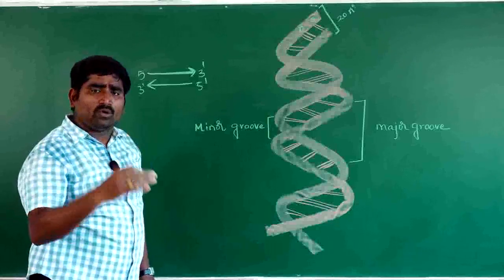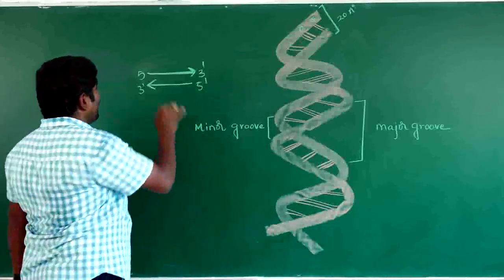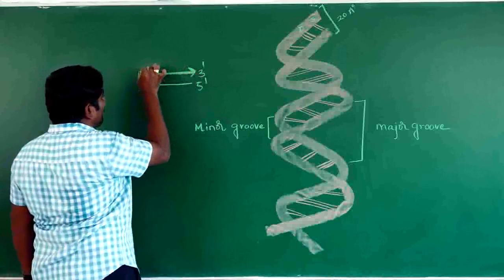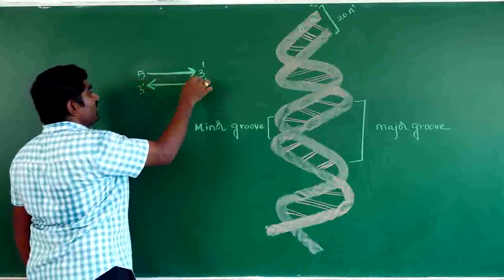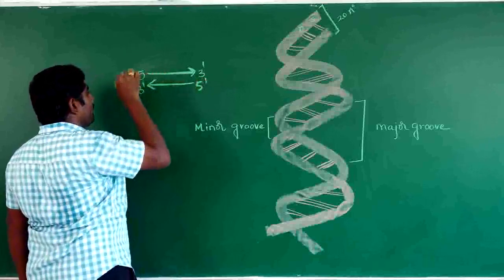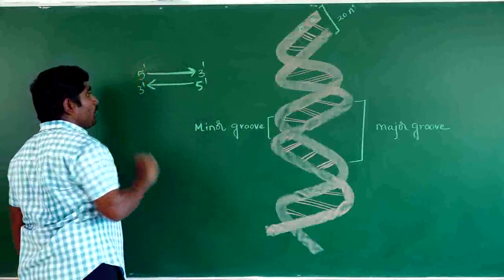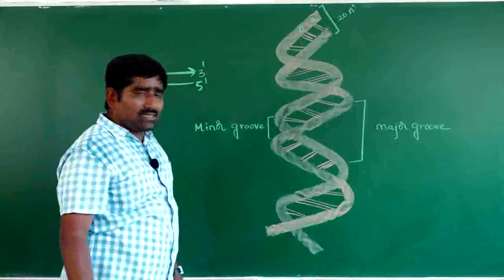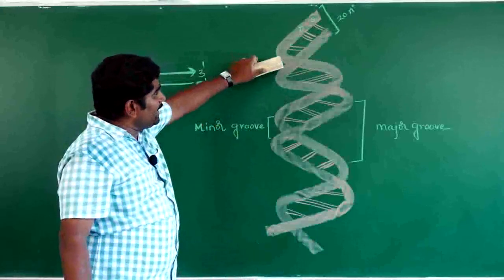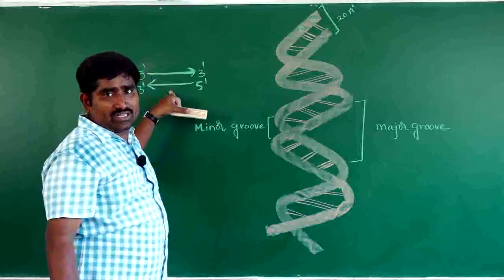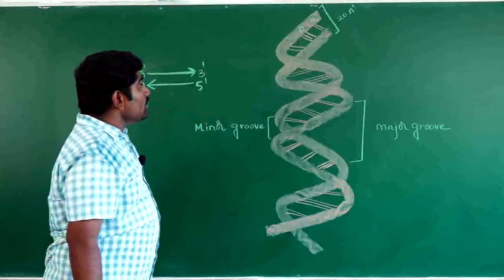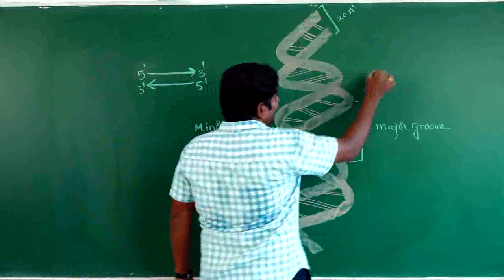In this way, both strands in a polynucleotide chain are anti-parallel to each other.